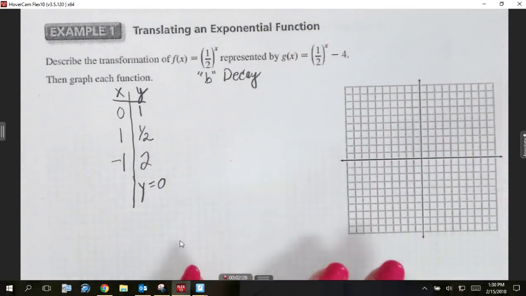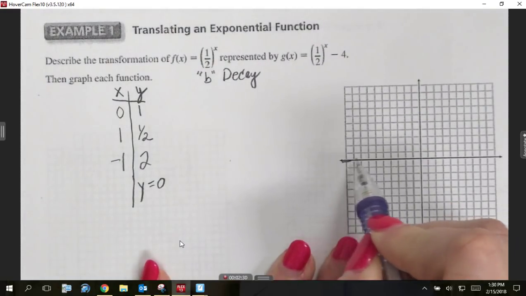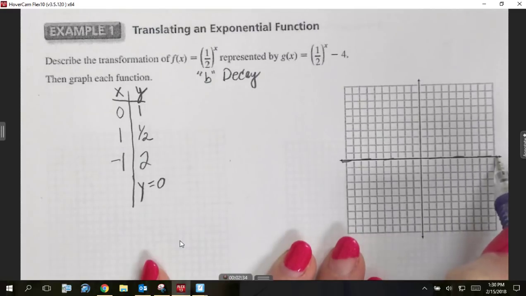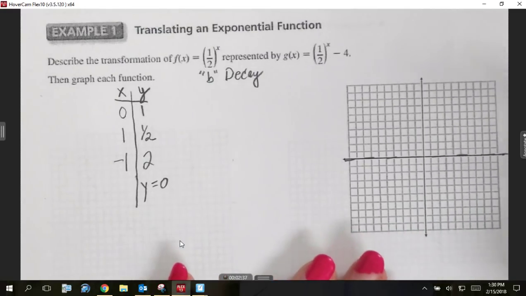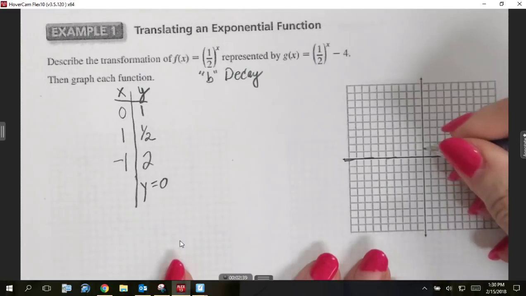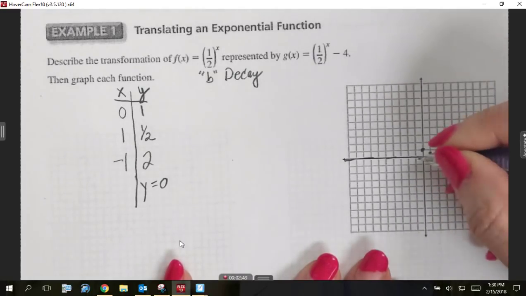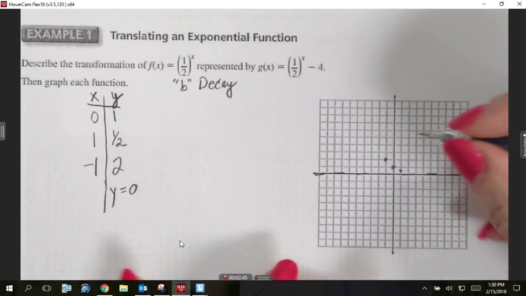So I will graph that. At y equals 0, that's an asymptote. That's just a dashed line that you can't even see because I'm doing it on top of a black line. Graph (0, 1), graph (1, 1/2), graph (-1, 2).